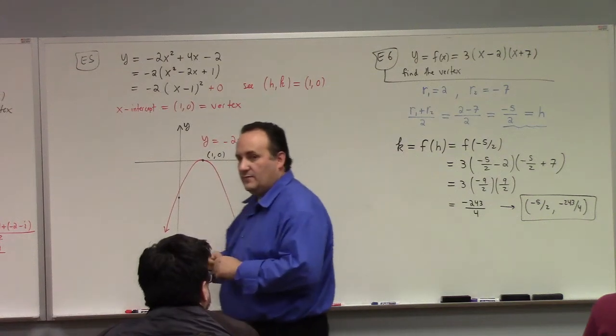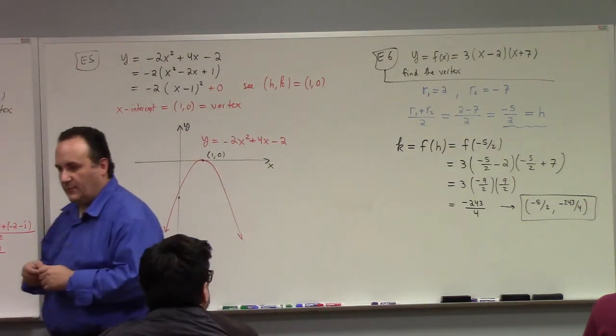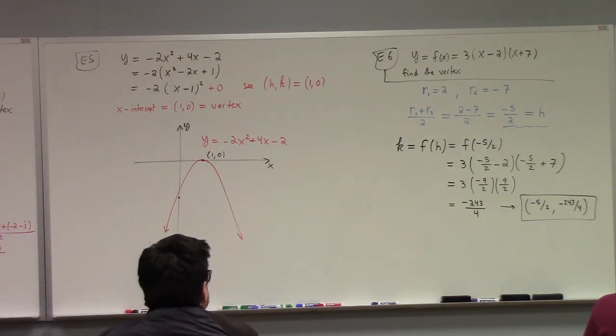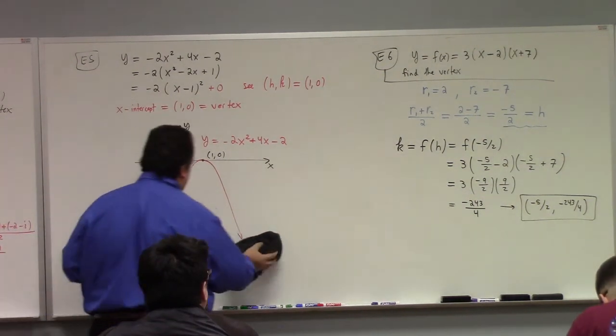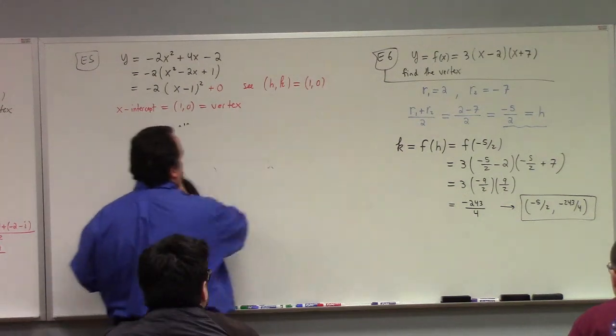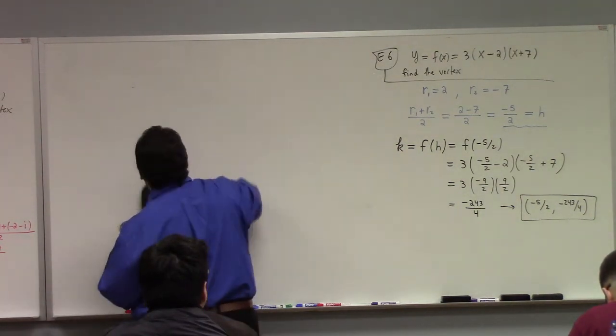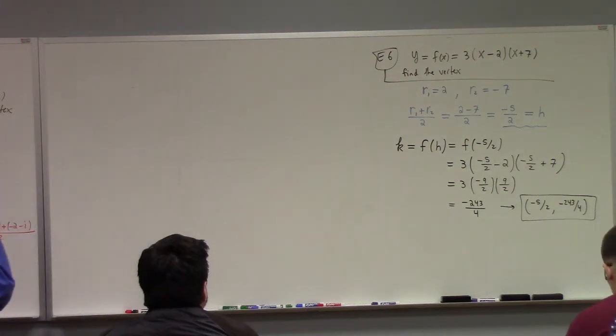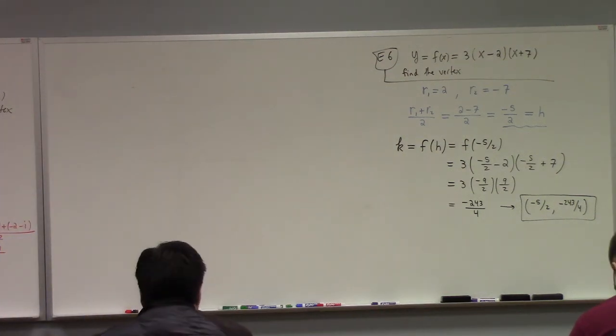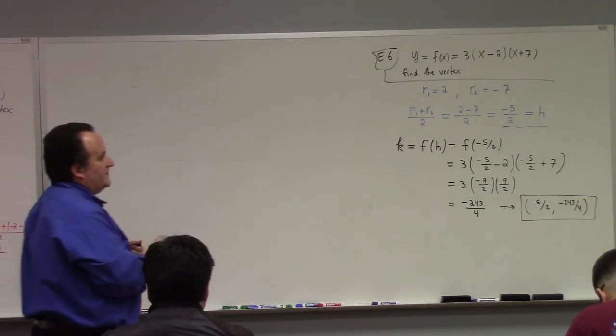Can you guys tell me what's the other way that maybe some of you were thinking about doing this problem? What's another path you could go down here? Nobody? How about this?